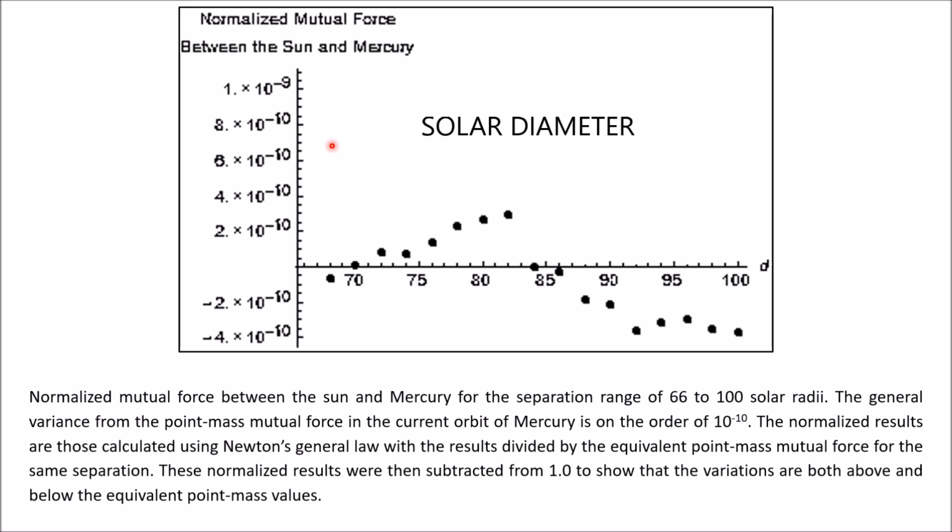And if you look at the mutual forces calculated using Newton's general law, what you wind up with is variations that are above and below. Since any deviation from an inverse square law will cause the orbit to perturbate slightly, over part of the orbit it advances, and over the other part of the orbit it is retarded. After a full cycle, you've got some net value, and that's so small that it takes 100 years worth of observations to get any deviations that you can measure and hang your hat on.